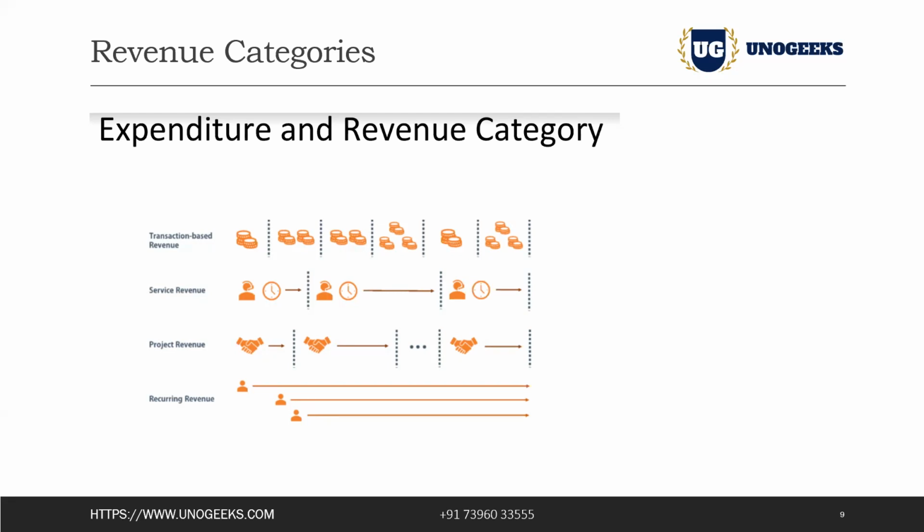Every month they will be giving you the amount. So that is recurring revenue for you. Now my question is, service revenue means whatever we time log, based on that it will generate revenue, correct? Okay. So see, this picture I just gave you for your reference. In Oracle, these terms do not exist.